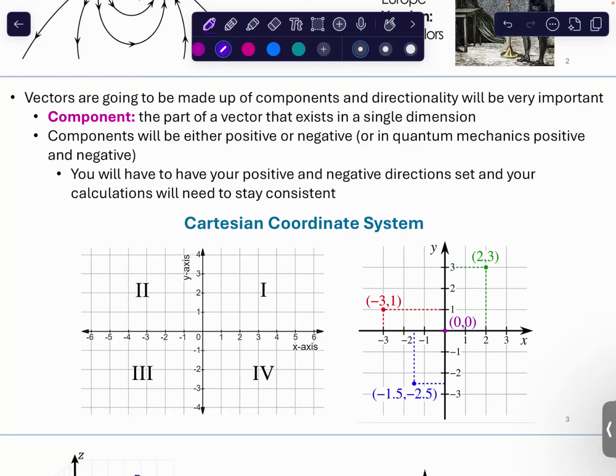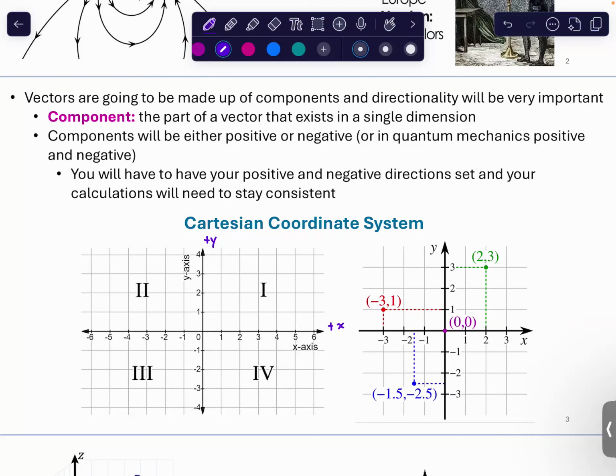You're going to have to set a positive and negative direction and stick to that. You could set positive Y, positive X, which means going the other way is going to be negative Y, negative X. And based off where a vector is, you know the sign of its coordinates.